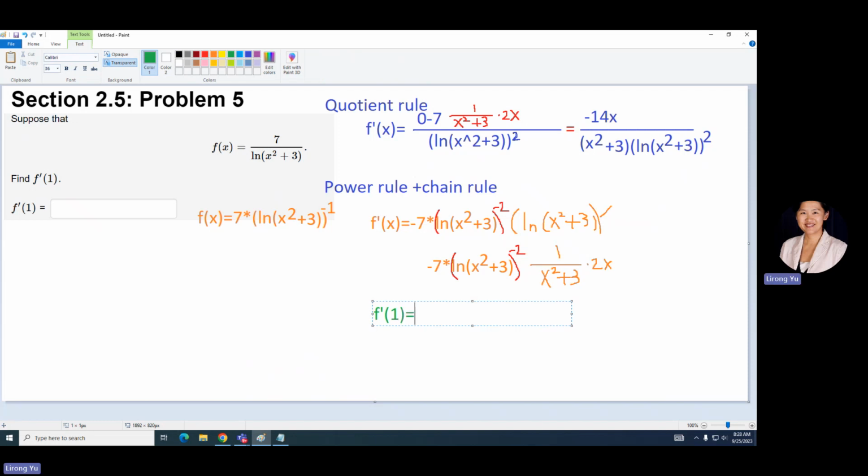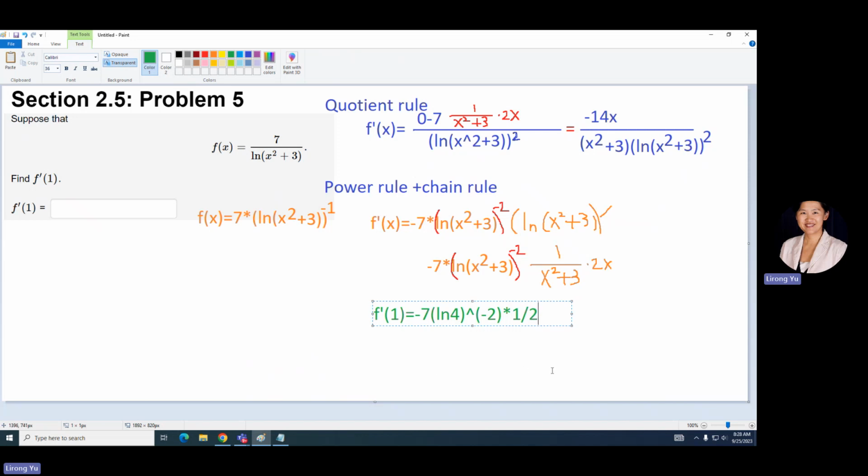f prime of 1 is equal to -7 times the log of, this is 1, 1 plus 3 is 4, so it's ln 4, raised to the power of -2. And this is 1 over 1 plus 3, which is 4, so 1 over 4. 2 times 1 is 2, so this is 1 over 4 times 2, that's 1/2. Then this is multiplied by 1/2.